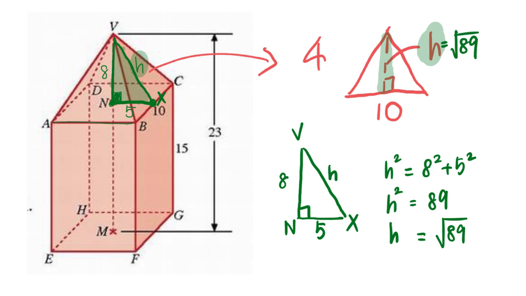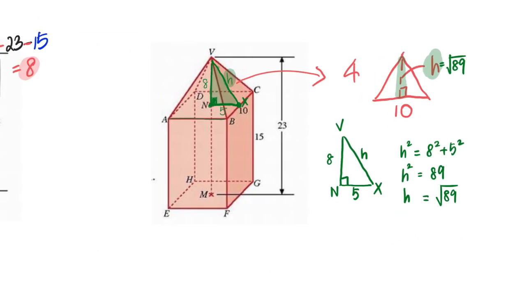But the total surface area of this model also includes, I'm going to zoom out a bit, this rectangle. And how many rectangles are there of these same? Yes, there are 4 of these rectangles of 15 and 10.